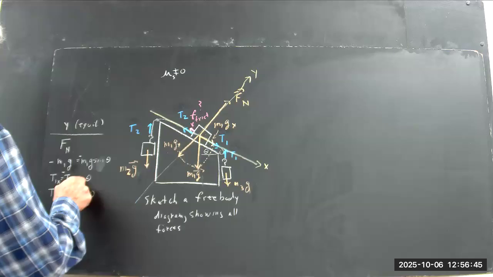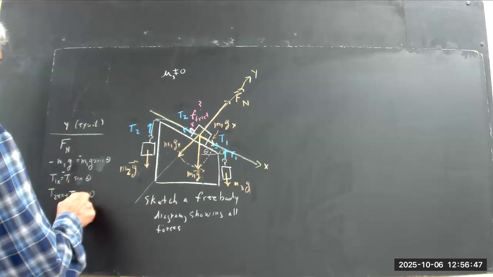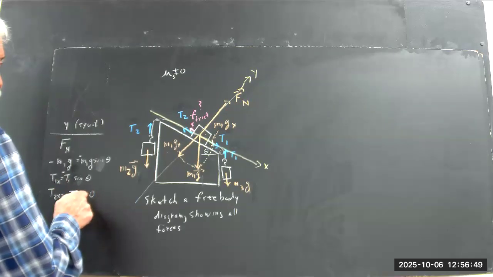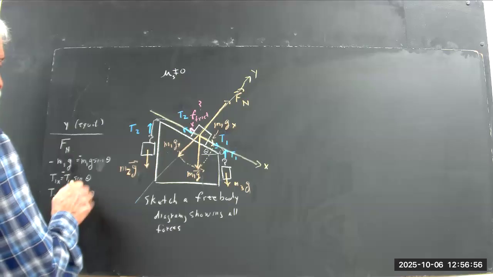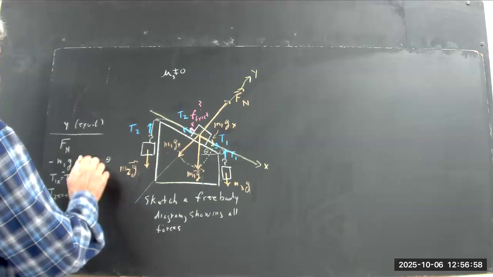Y components are going to be the sine. Except that this was going to be the cosine.